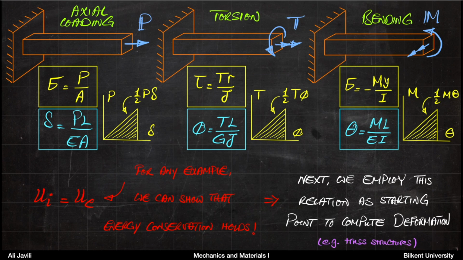However, what we want to do next is to employ this relation as a starting point. So we use this as our point of departure, and we use that to compute deformation, for example. In particular, we do that for the case of truss structures.